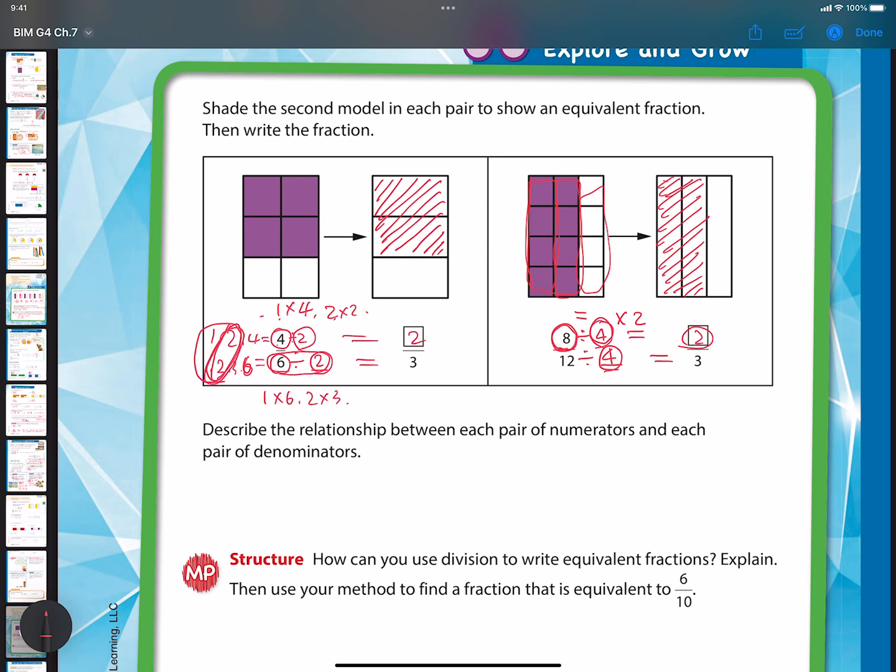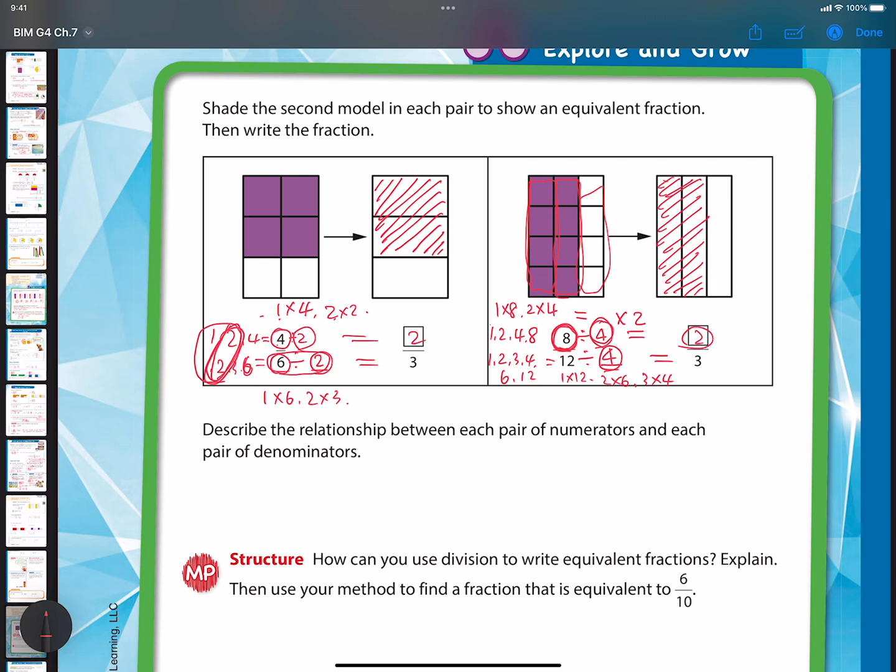And here also, 8 is what? 1 times 8. I'm going to find the factors of 8. And then 2 times 4, right? That means 1, 2, 4, 8. What about 12? We know 1 times 12, 2 times 6, 3 times 4. So the factors are 1, 2, 3, 4, 6, and 12.